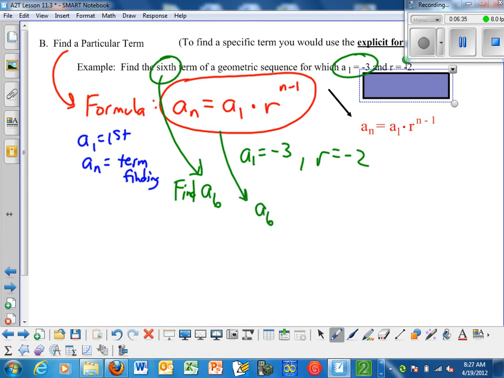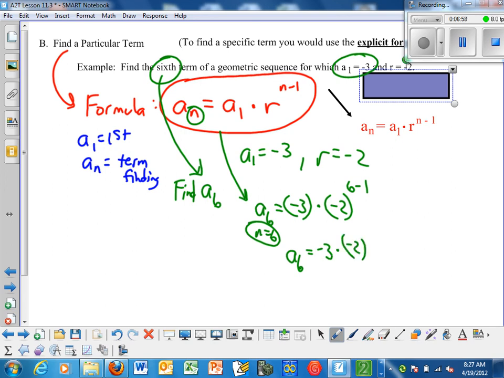To find A6, which means n is equal to 6, I take A1, which is negative 3, and multiply it by R, which is negative 2, to the n minus 1 power. So that would be the 6 minus 1 power. A6 would be negative 3 multiplied by negative 2 to the 5th power.